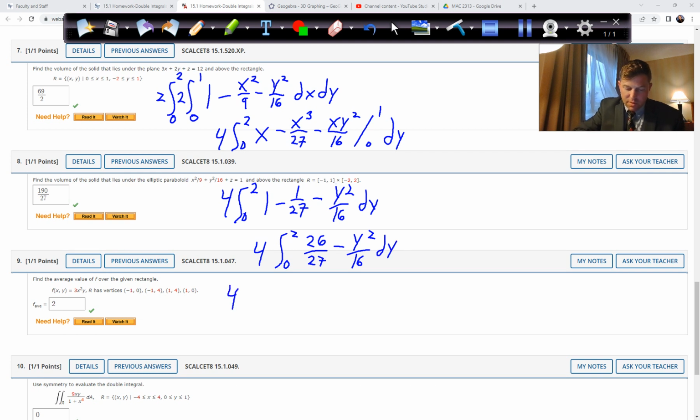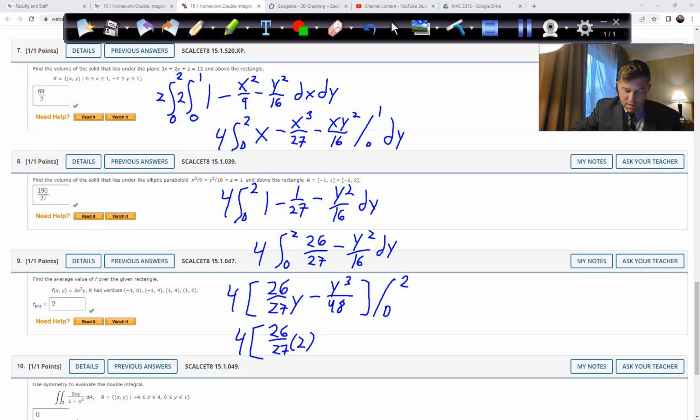We can actually perform this antiderivative. This would be 4 times 26 over 27 y minus y cubed over 48, 3 times 16. And that is being evaluated from 0 to 2. So this is going to be 4 times 26 over 27 times 2 minus 2 cubed over 48.